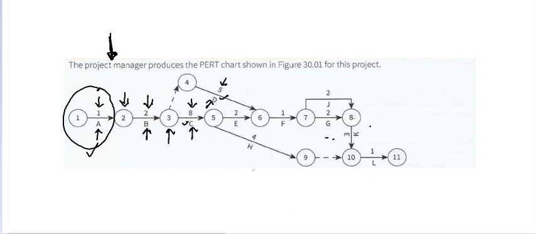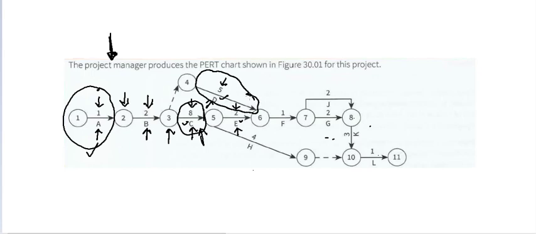Which basically means what? That this phase related to integration testing takes 2 weeks, and it can only take place after the entire program code has been written, which means after activity C has been completed, then we can start activity E. And activity D, as you can see here, is also finishing at the same time.